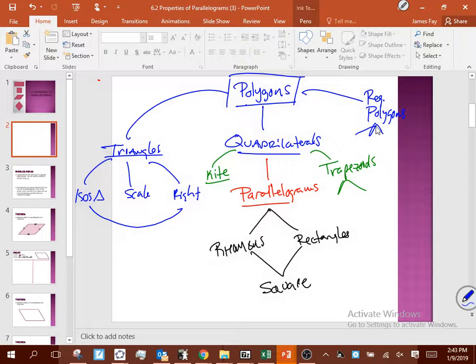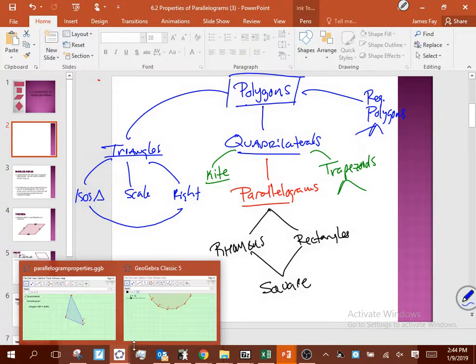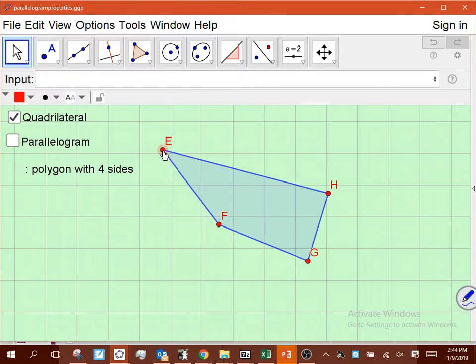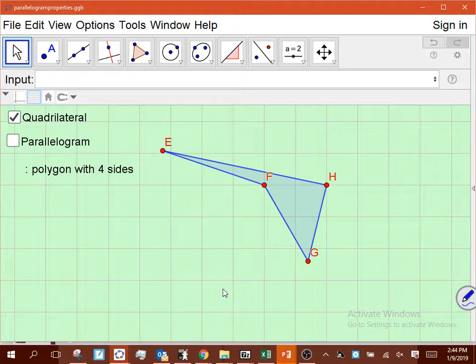Okay? Parallelograms are a special type of quadrilateral. There is something that distinguishes them from other basic generic quadrilaterals. When I say quadrilateral, what should come to mind is anything that looks like this shape here. And you can change it and make it anything you want, okay? That's a quadrilateral.